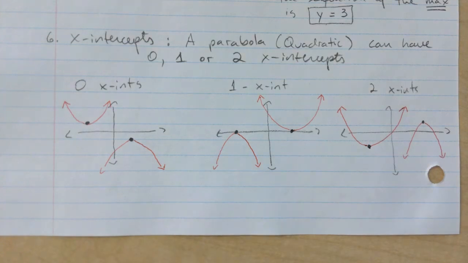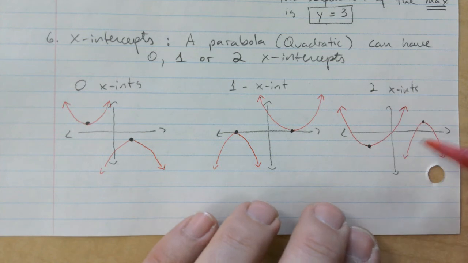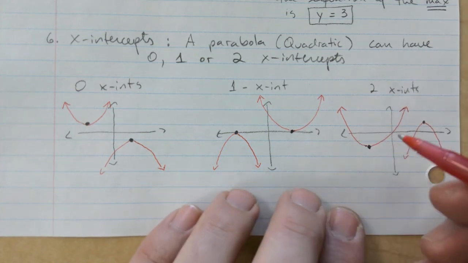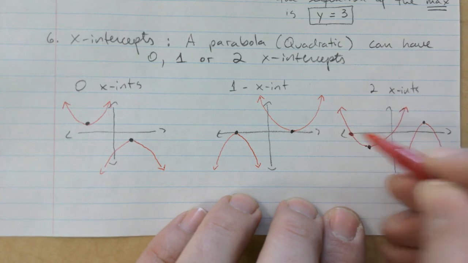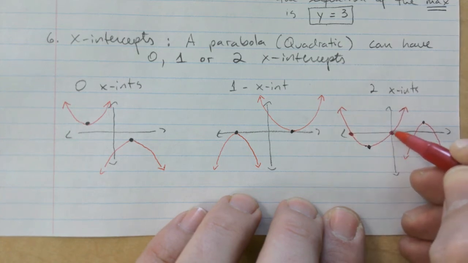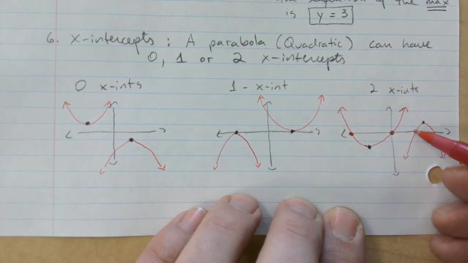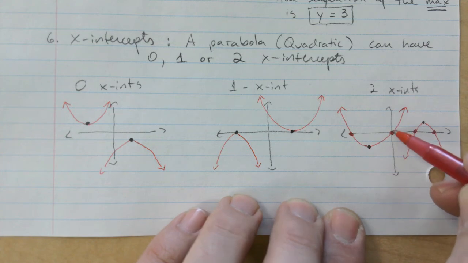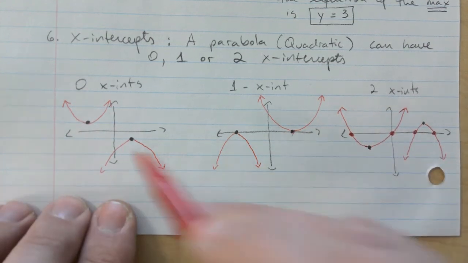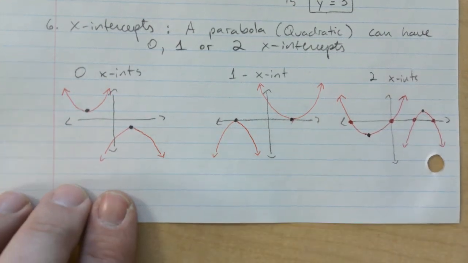And for this last one, I'm going to actually highlight the fact, right, it crosses here and it crosses there, crosses here. So in these two graphs, you end up with 2 x-intercepts. 1 x-intercept, no x-intercept, right?